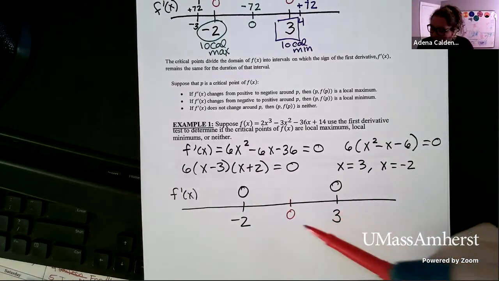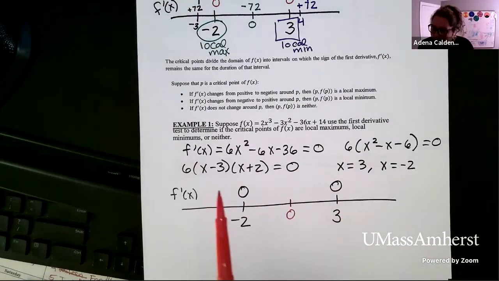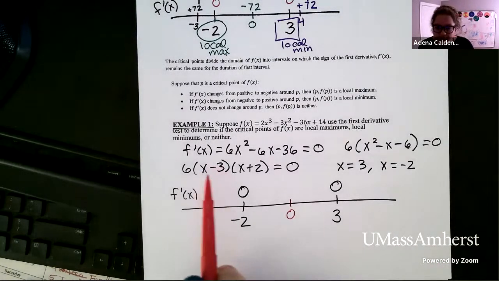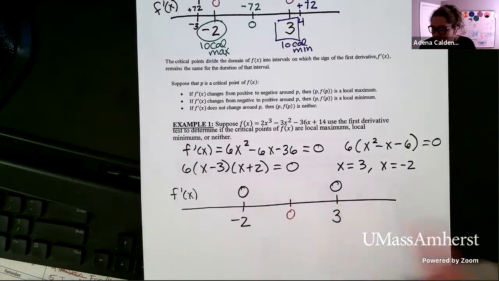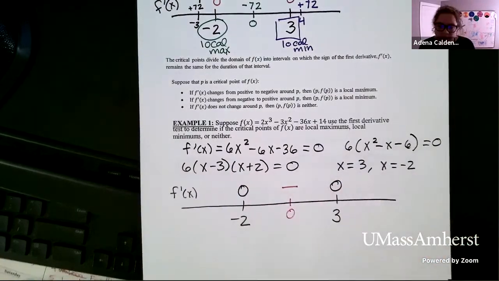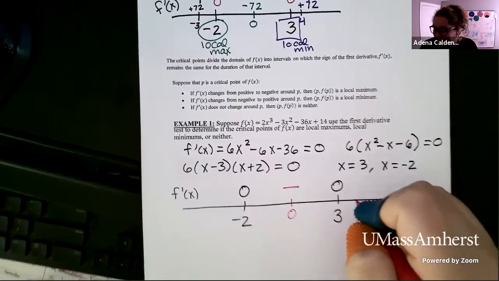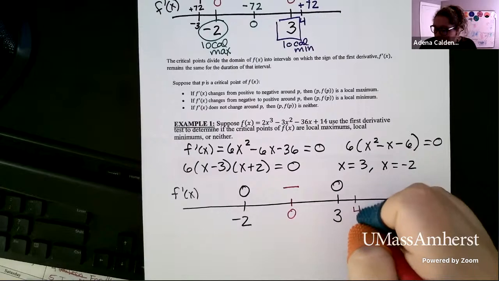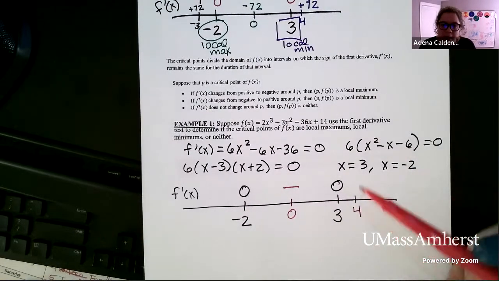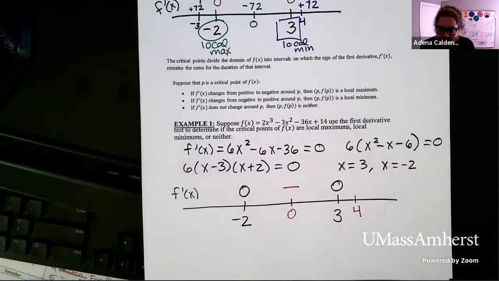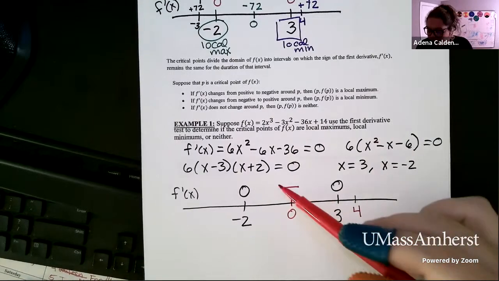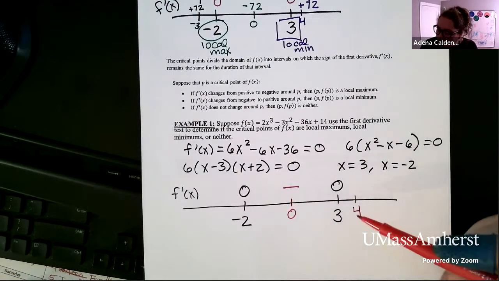And what I mean by that is if we take 0 and we plug it into this first factor, 0 minus 3 is negative, 0 plus 2 is positive, negative times positive is negative. So without actually finding the value, I can still figure out the sign of my test point. And that's just a matter of preference. If you prefer to get the value, that's fine. If you prefer to just think about what the sign will be, that's fine too.